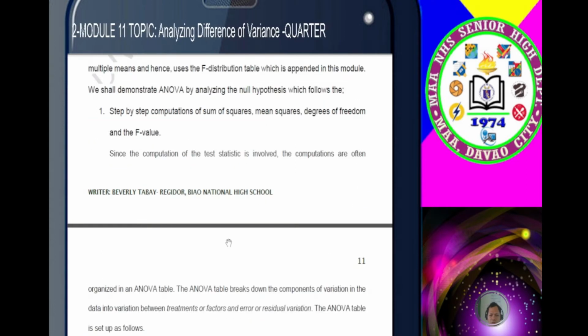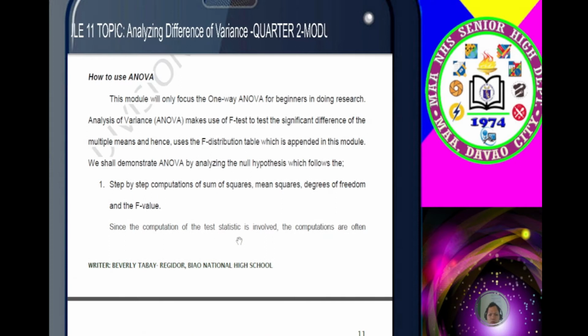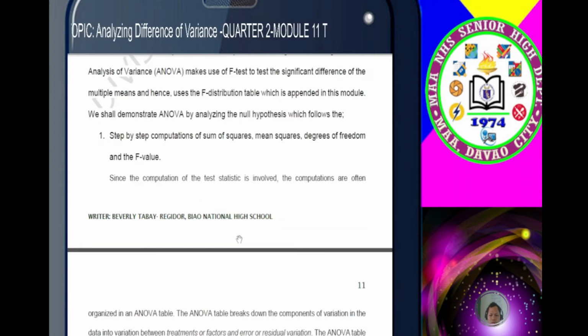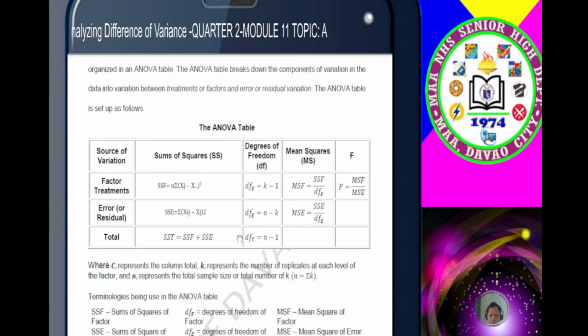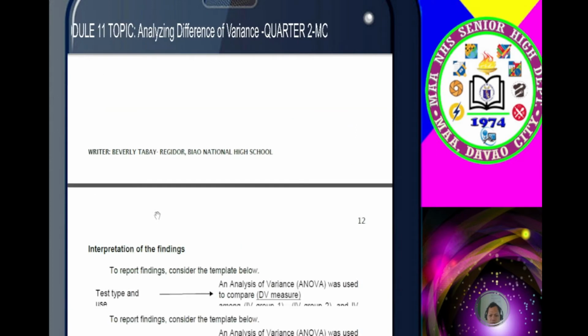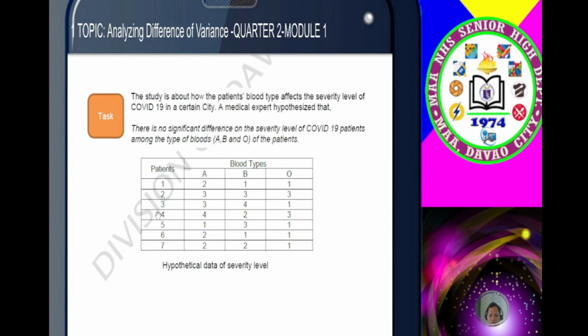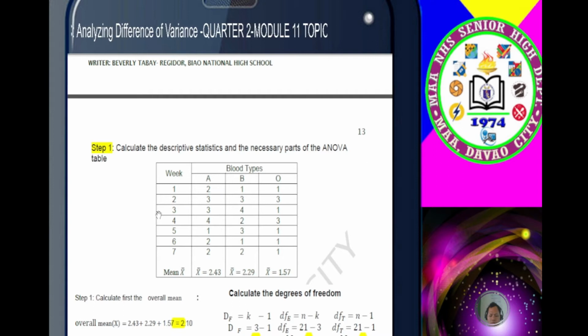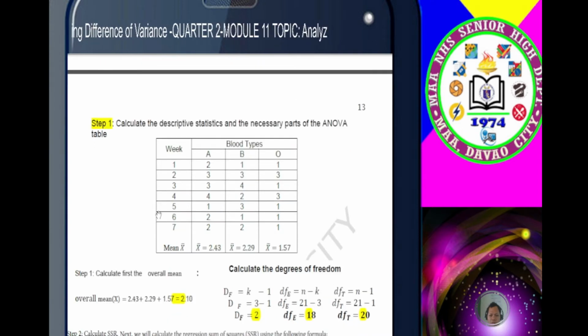Okay, these are the steps to follow. We have this table, and I will use this formula to compute each value: the treatment factor, the errors, the total, and so on. First, step 1, we need to calculate the mean of each blood type.